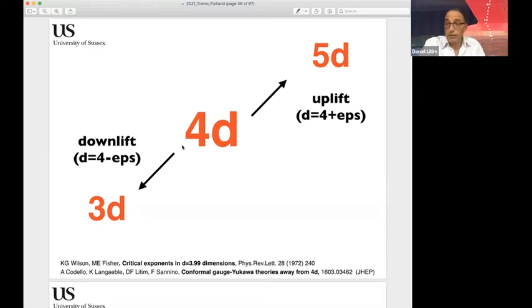And actually Wilson showed us how to do that. So you start in 4D with a degenerate Gaussian fixed point, say in a scalar theory, you downlift it. The degeneracy is lifted because of the downlifting, and you get a free and an interacting fixed point, which then becomes this famous Wilson-Fisher fixed point, of course.